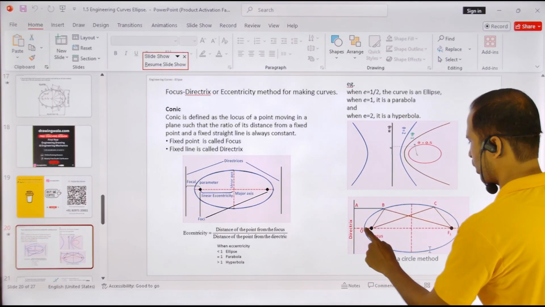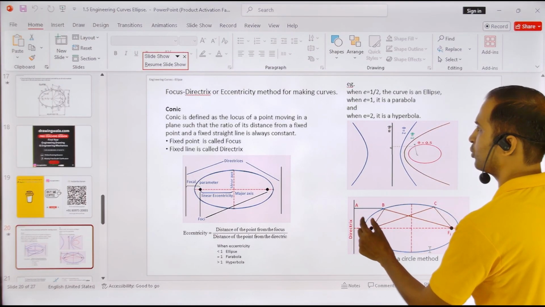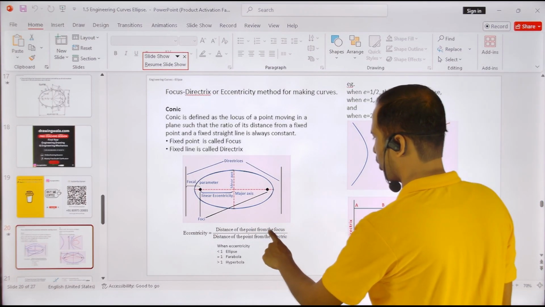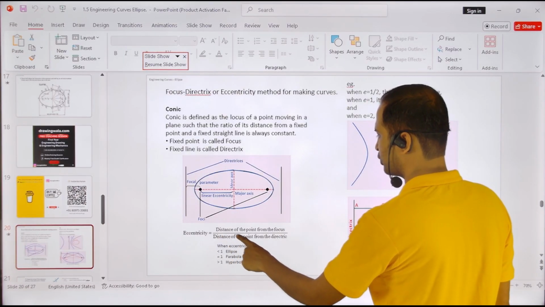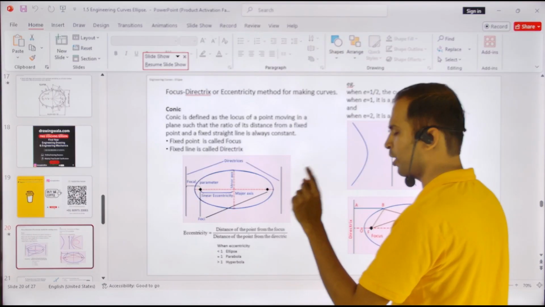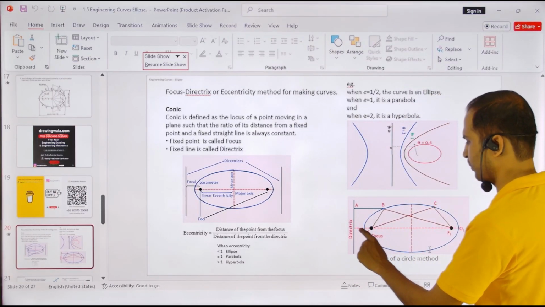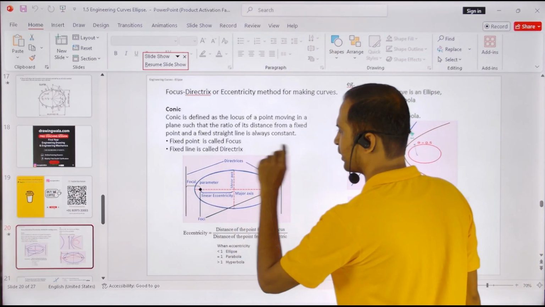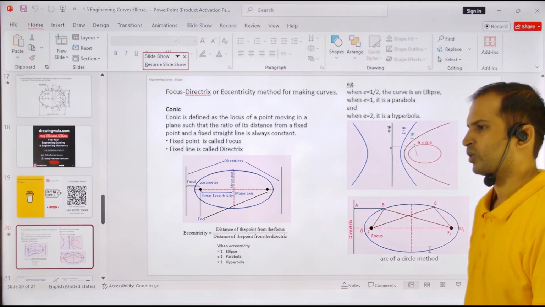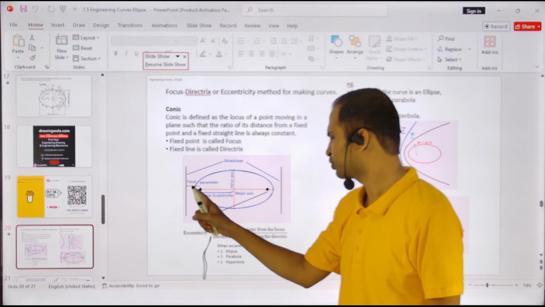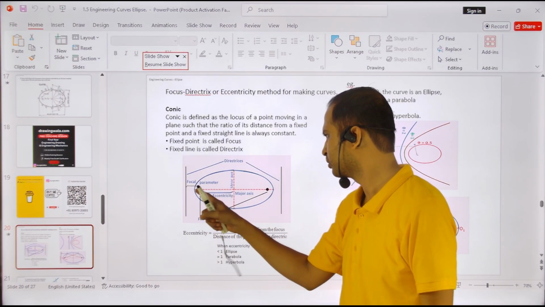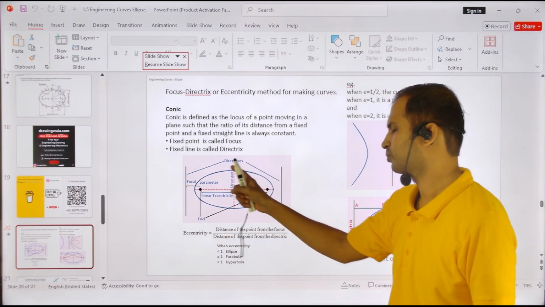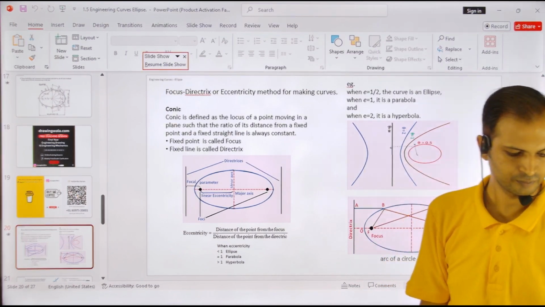And then there is a point of vertex over here. So that is the ratio which you take: the distance of the point from the focus upon the distance of the point from the directrix. There is a point somewhere in between both of them. That point is the vertex point, from where the ellipse or any curve starts.